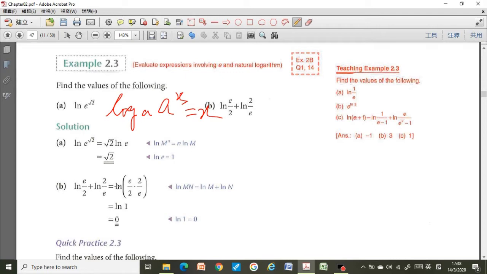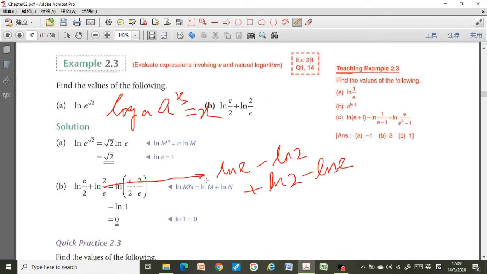So this expression, if you want, you can write like this: log e plus log 2, and then plus, sorry, I may make a mistake, log e minus log 2 for the first term, and then plus log 2 minus log e.